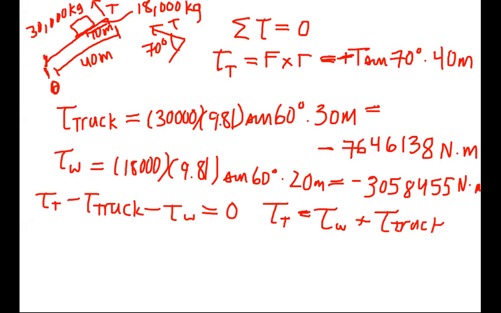That's just rearranging those values. Plugging in what we know, we get 40 times T sine of 70 is equal to the sum of our two very large torques.